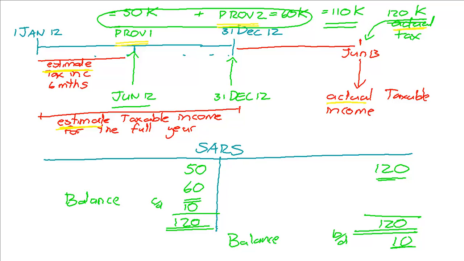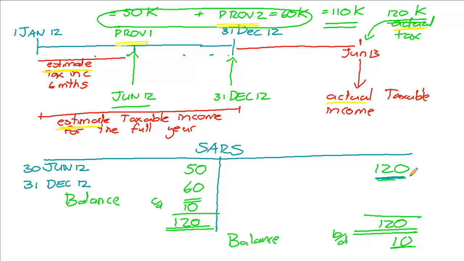Just one more thing. If we look at the dates on my T account, the 50,000 was paid on 30 June 2012. The 60,000 was paid on the 31st of December 2012.